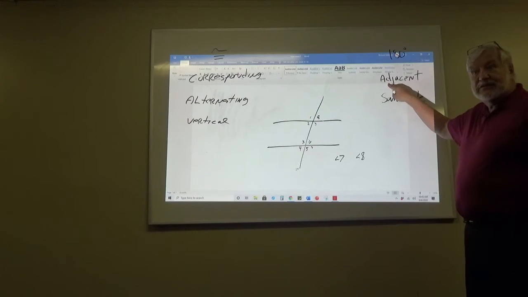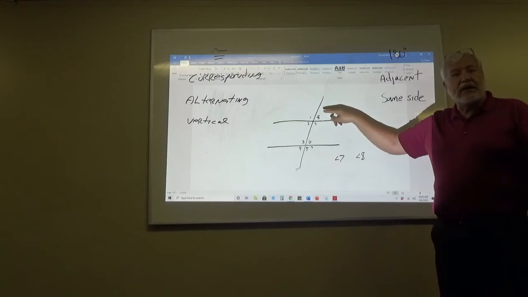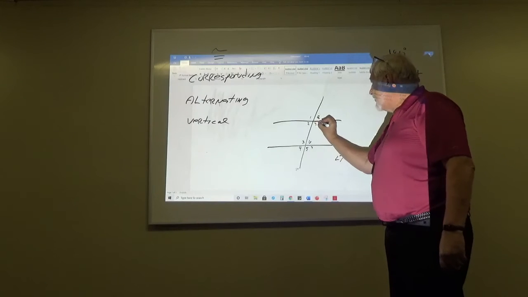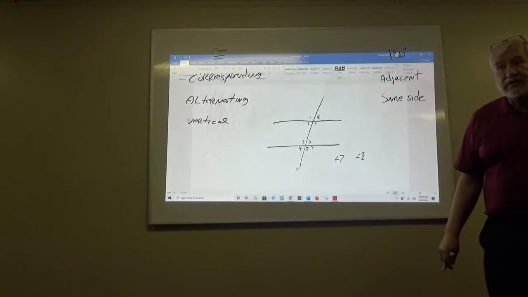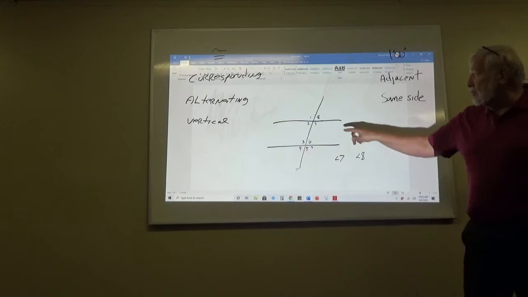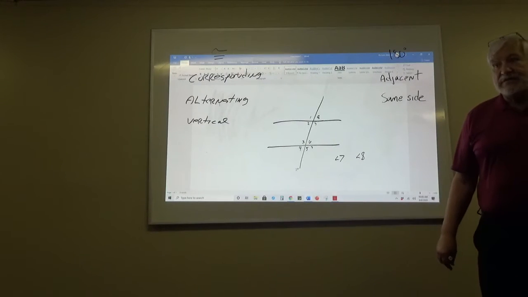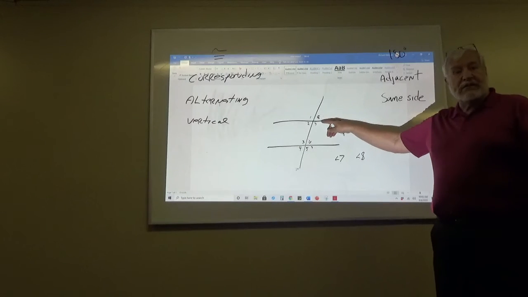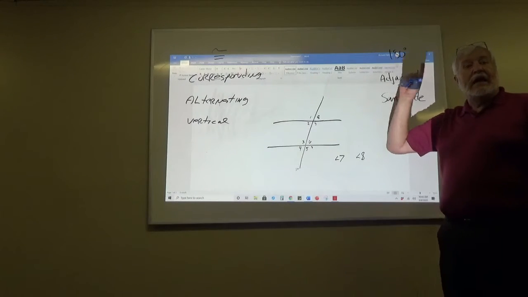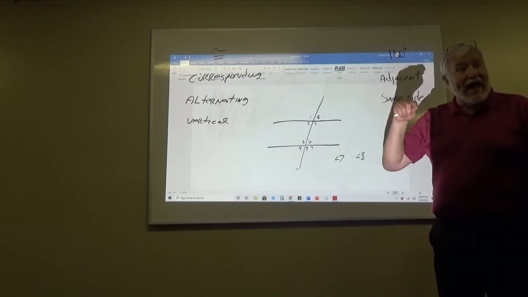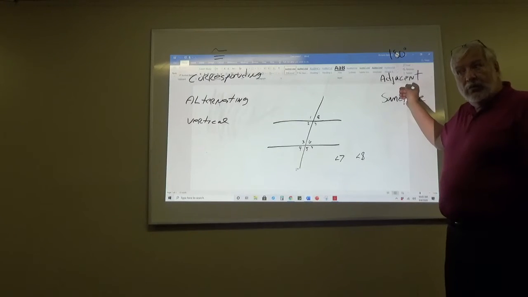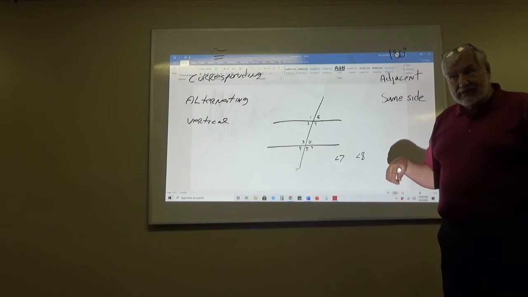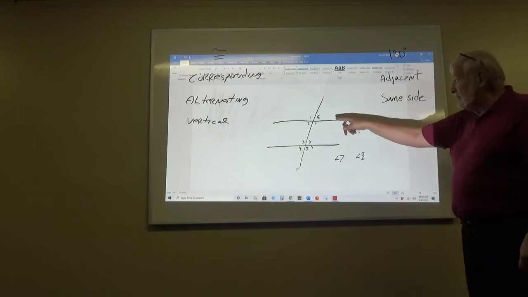What's the difference between 1 and 7 and 8 and 7? 8 and 7 share the side as well as the vertex, whereas 1 and 7 only share the vertex. Because they share this side, they're adjacent, and adjacent angles add up to 180. Everybody say 180. Say adjacent.